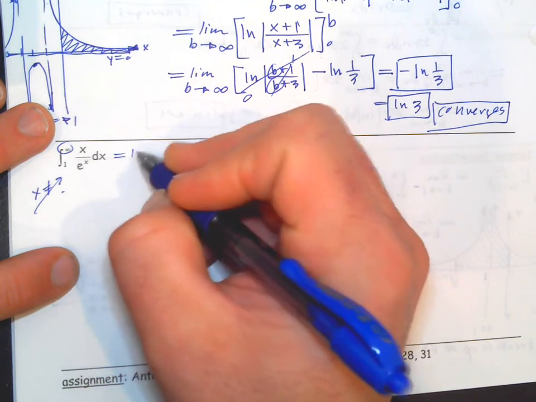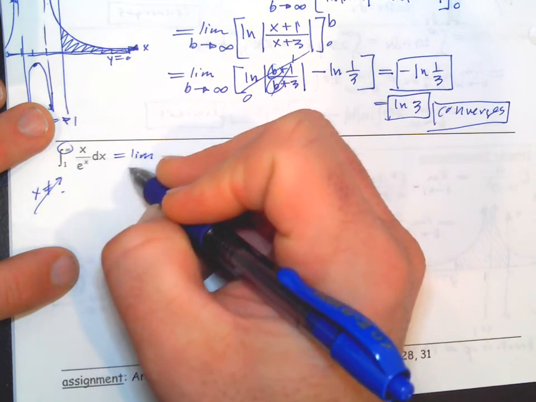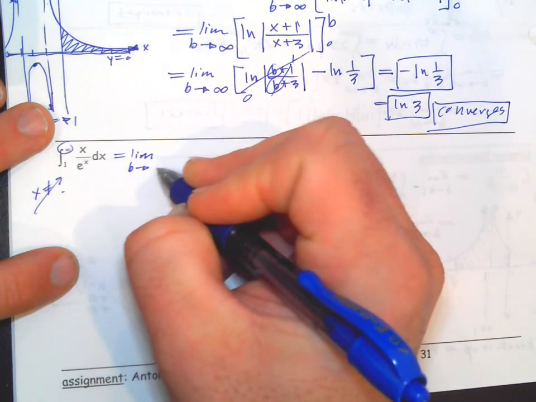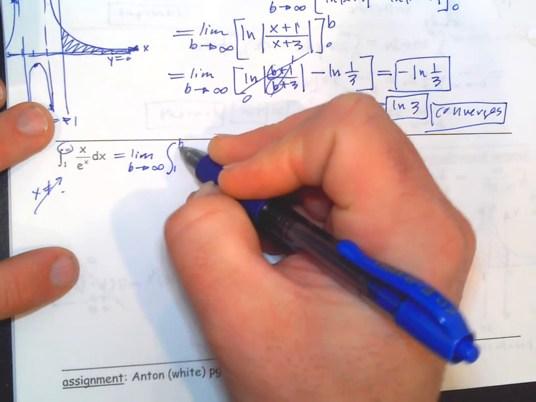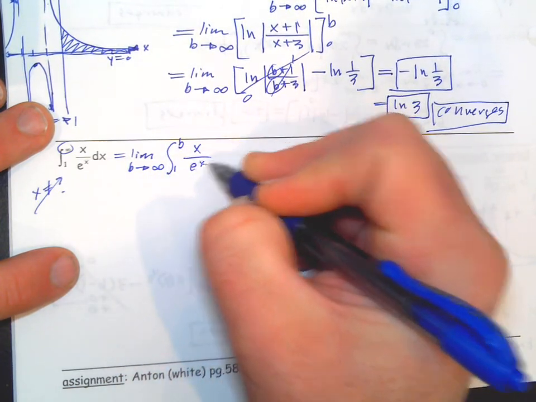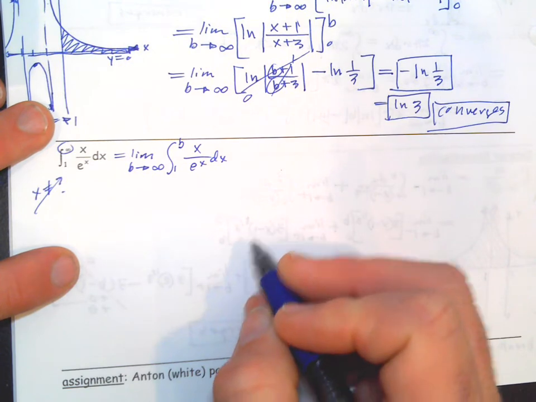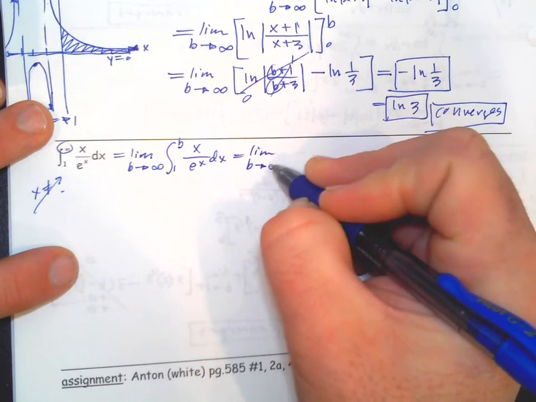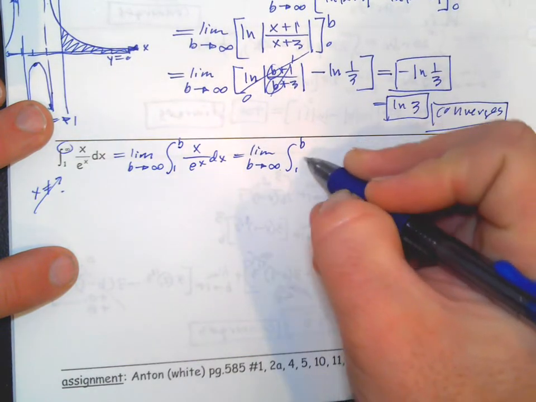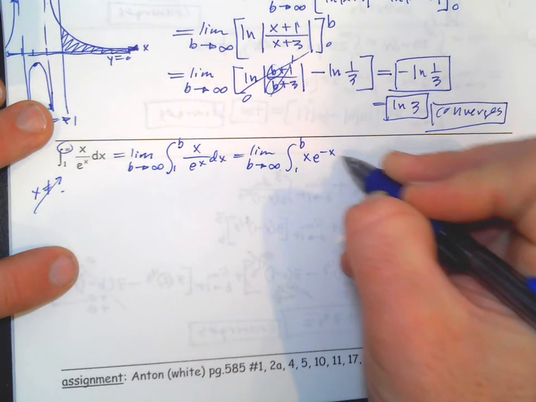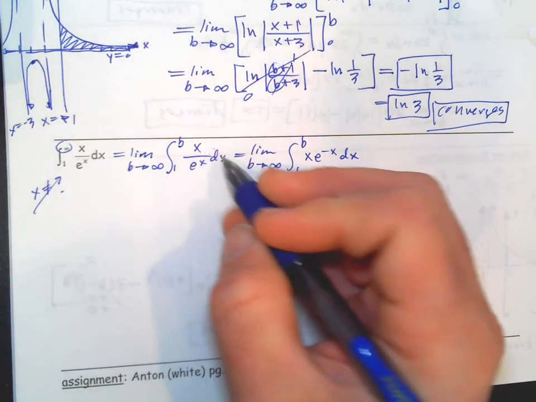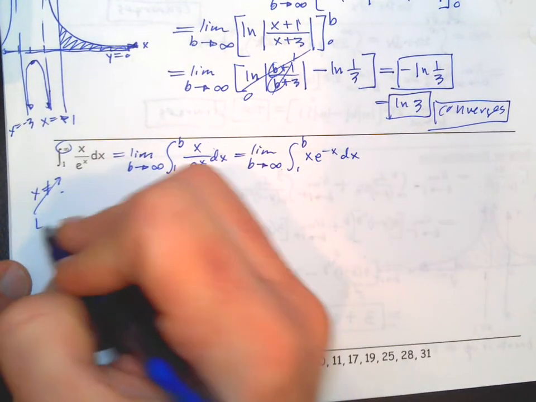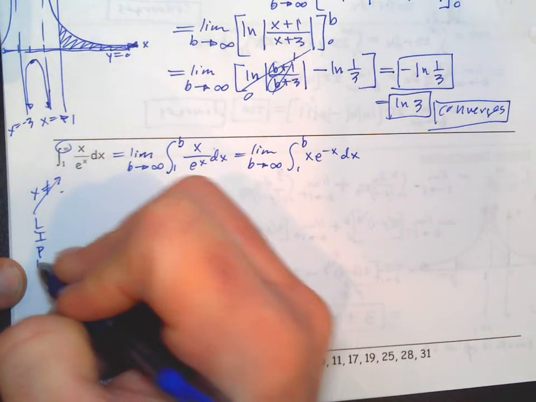So we're going to rewrite it as the limit as b goes to infinity of the integral from 1 to b. Now this is the same thing as x e to the negative x. And there's no way we can integrate this using any past strategies other than integration by parts.